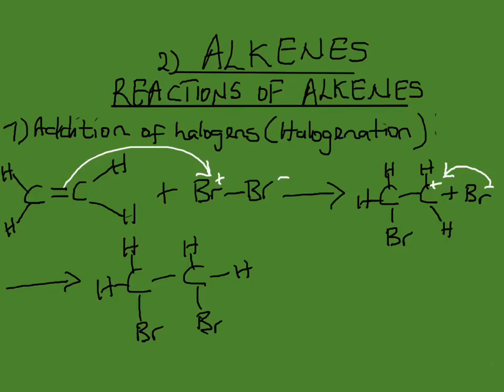That's the electrophile. The nucleophile is going to react with the carbocation to give us our 1,2-dibromoethane. The reddish brown color of bromine is discharged, indicating the presence of a multiple bond.